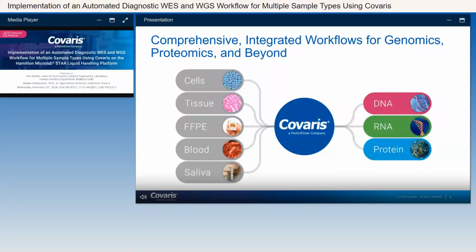This approach ensures robust, reproducible results that streamline workflows across diverse omics applications, which includes genomics, transcriptomics, and protein analysis. This framework is our commitment to advance science across all fronts, catalyzing discoveries and supporting our customers to develop life-changing therapeutics and diagnostics.